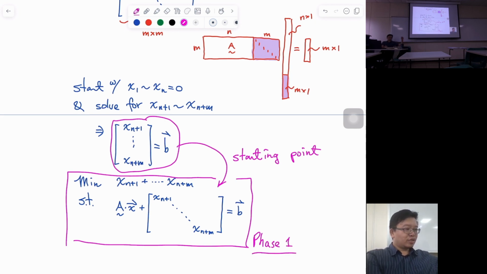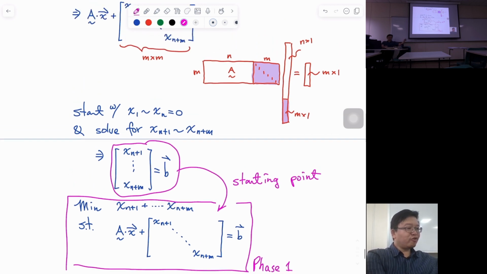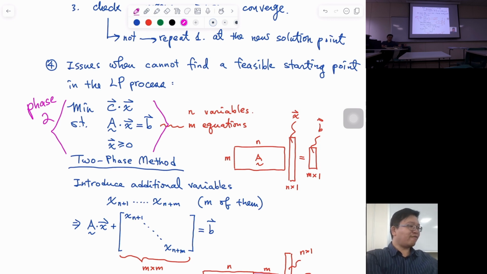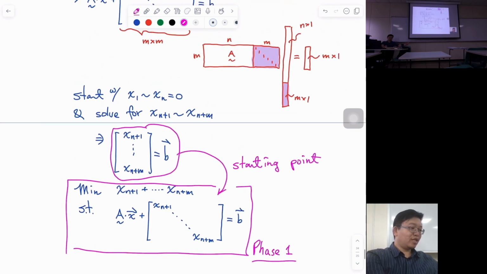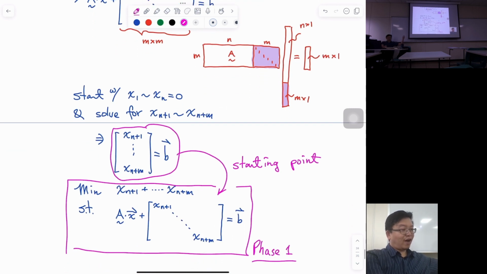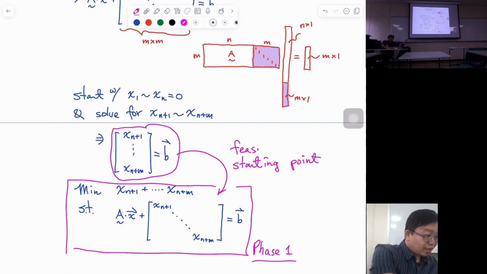If I call this phase 2, the issue is right now I cannot find the starting point for phase 2. So I have to do phase 1. And when I introduce additional variables, I can easily find feasible starting points for phase 2.